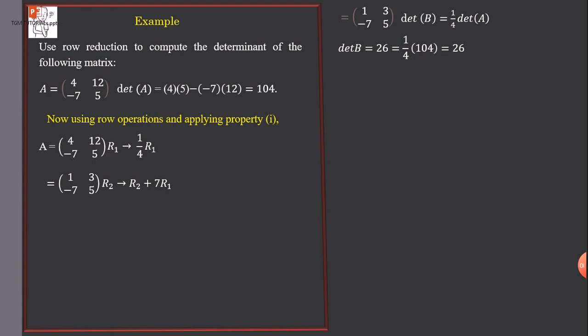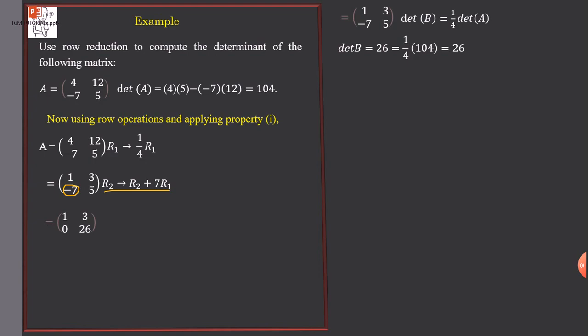We are going to apply another operation to make sure that where we have negative 7 here, we get a 0. That will give us 1, 3, 0 and 26.